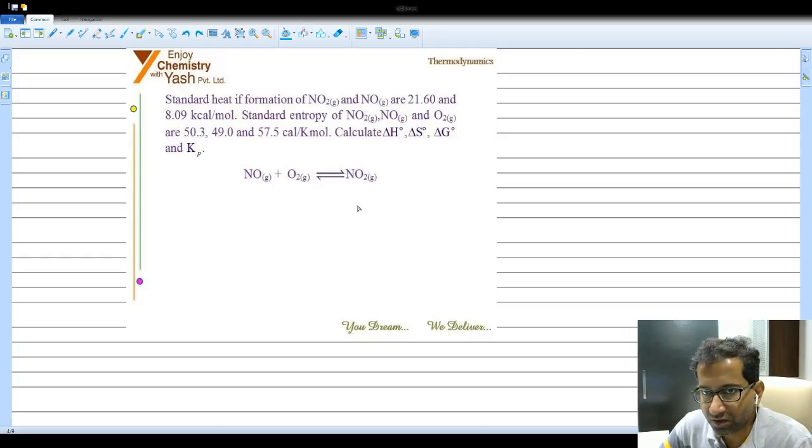Standard heat of formation of NO2 gas and NO gas are 21.60 and 8.09 kilocalorie per mole.